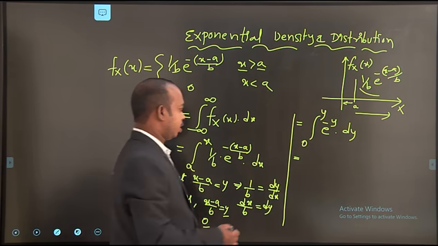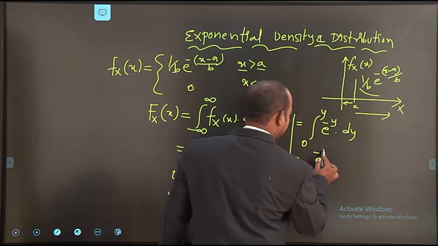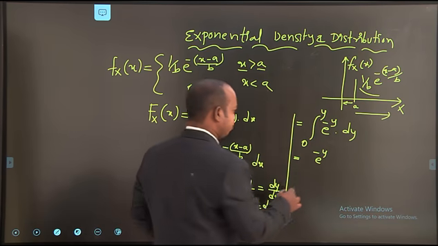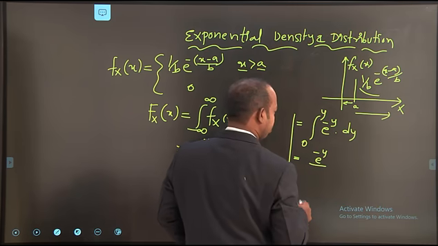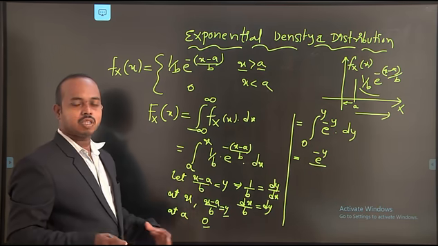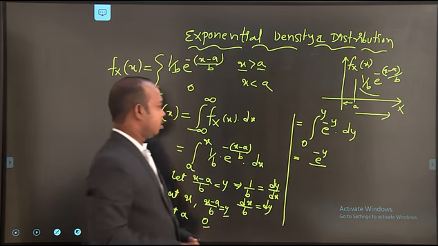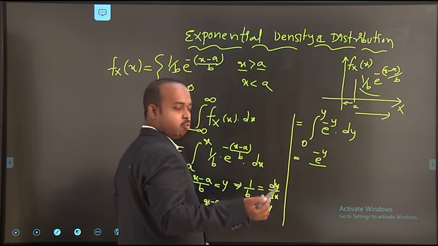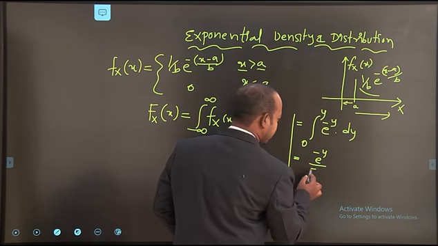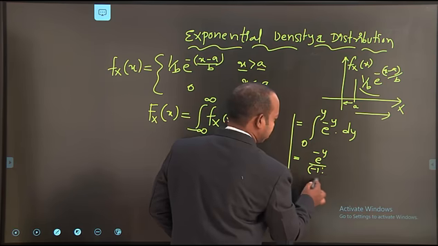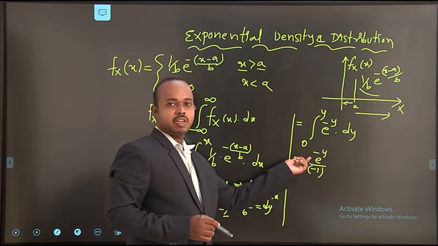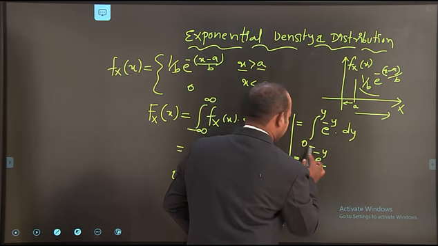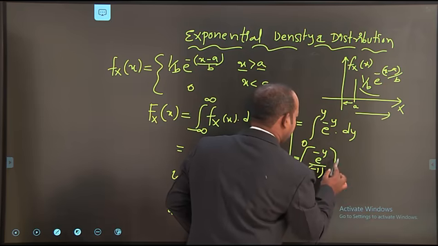That's why I am writing e power minus y divided by the derivative of the power value, that is the derivative of minus y with respect to y, and the quantity is minus 1. Its limits are 0 and y.